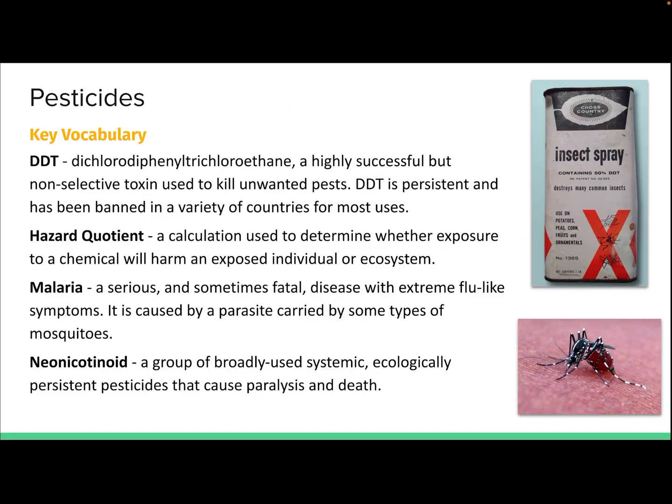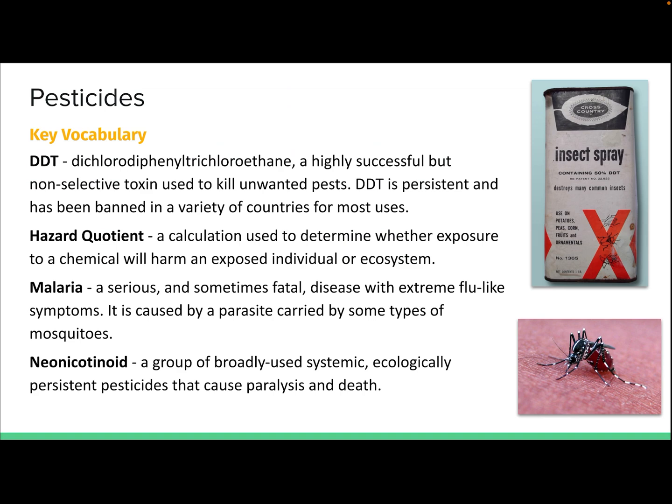Okay. Pesticides. There's a bunch of information about pesticides here. We've talked about DDT. We've talked about malaria being a dangerous disease carried by mosquitoes, and that was the reason for DDT. DDT is banned in a variety of countries, but in some countries where malaria is prevalent, it's still used, but under very strict regulations.